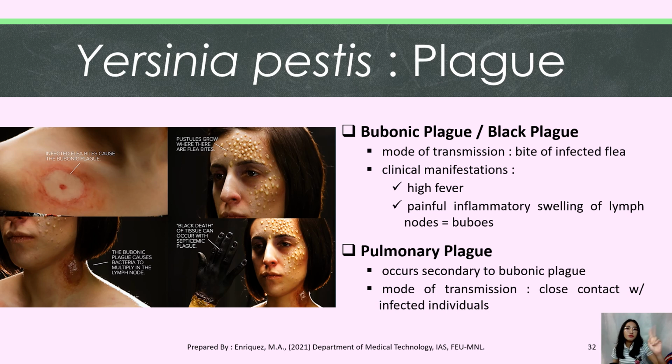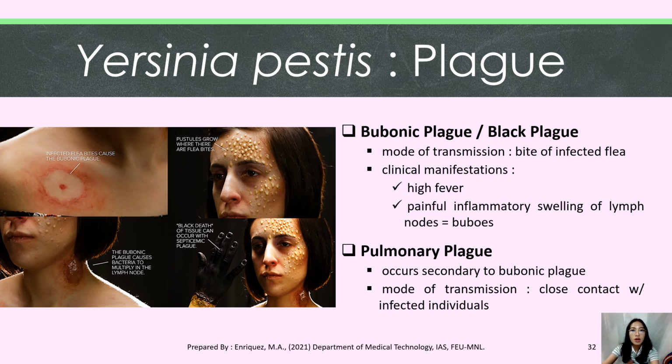There are actually two forms of the plague caused by Yersinia pestis. The first one is more popular. So this is the bubonic plague, or Black Death. And unlike all the other members of Enterobacteriaceae, ang mode of transmission po nito is not via ingestion. Rather, this is acquired from being bitten by an infected flea belonging to the species Xenopsylla cheopis.